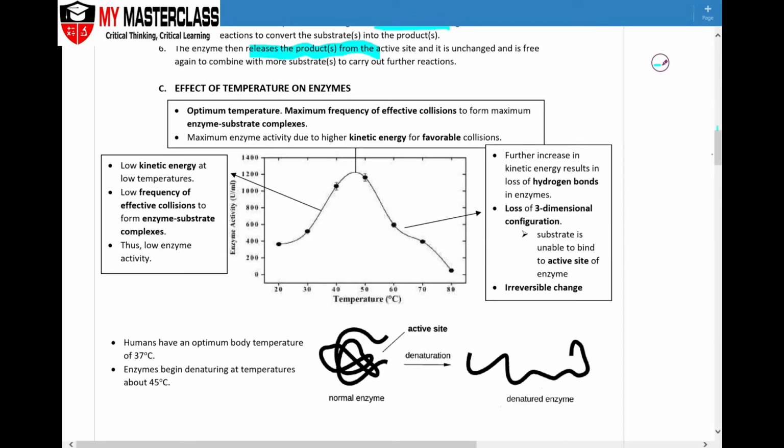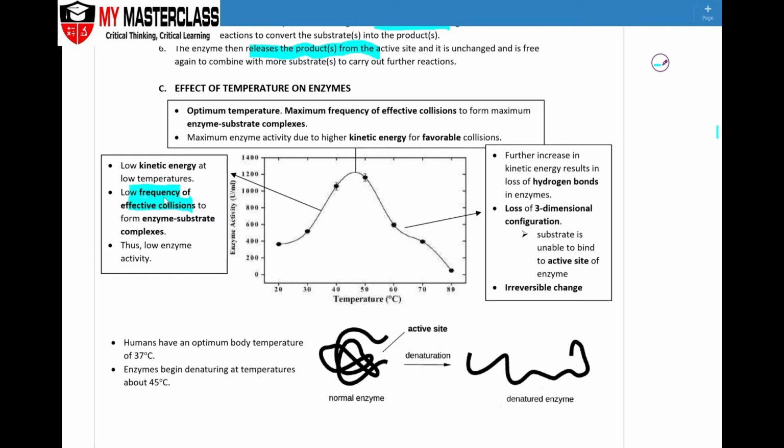For temperatures, at very low temperature, there is very low kinetic energy of the particles. Which means that the particles are not able to vibrate as much. For that, we call it low frequency of effective collisions. Take note, this phrase has to come together and you are not to change any of the components of the phrase.